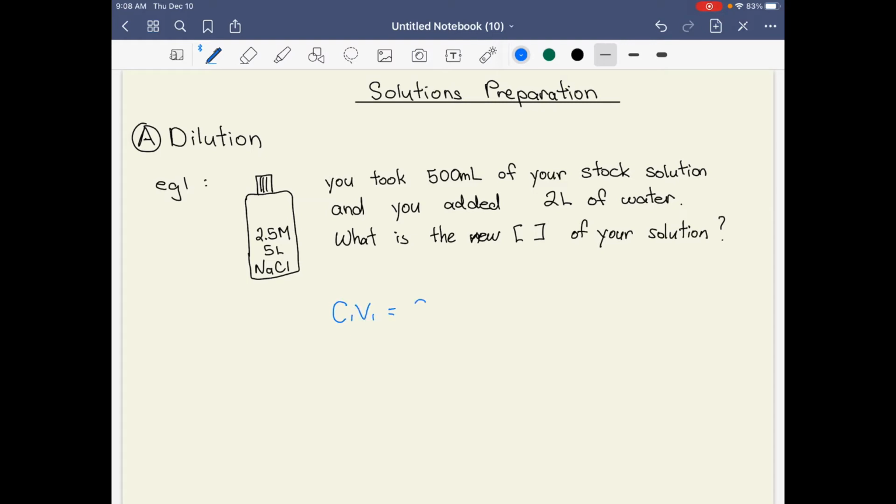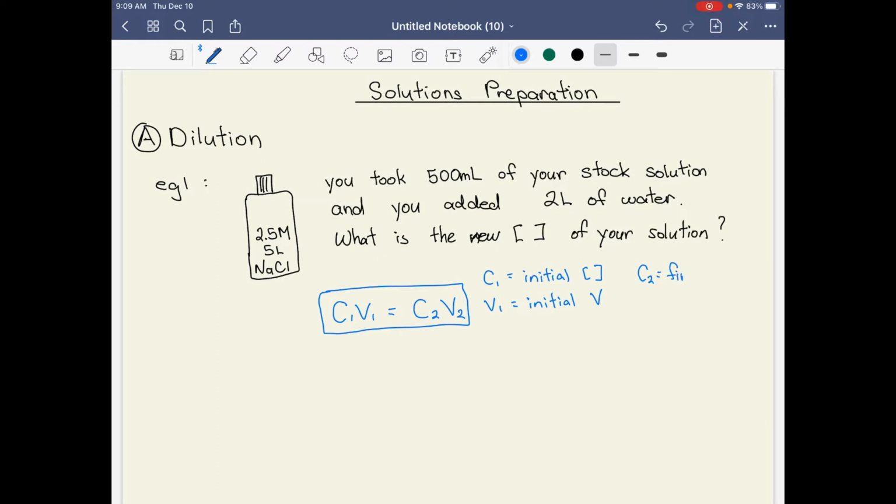Okay, so you're going to have C1V1 equal to C2V2. This is known as the dilution equation, where C1 is your initial concentration, V1 is your initial volume, usually of course in liters, because molarity is moles per liter, unless you decided to go with millimoles per milliliter.